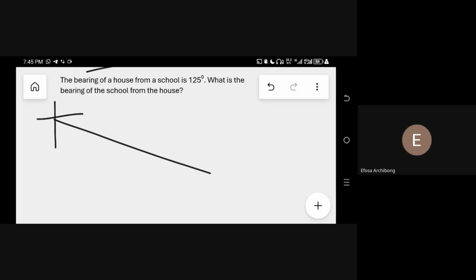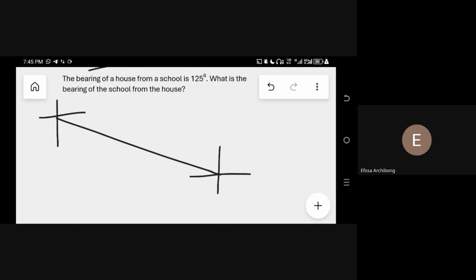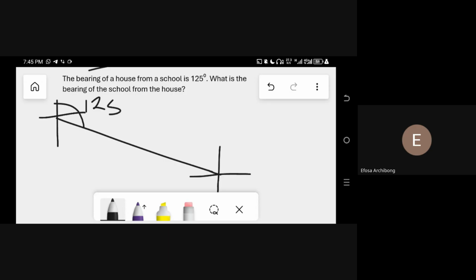Then the point is drawn from that second quadrant, and it will meet this other point here. We already know that it is 125 degrees, as it was stated.